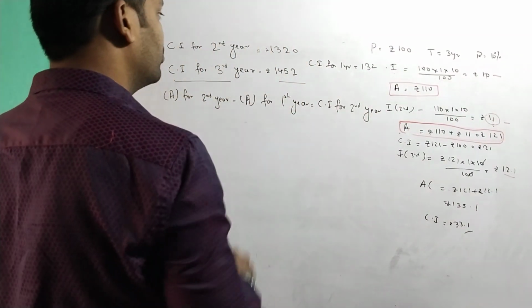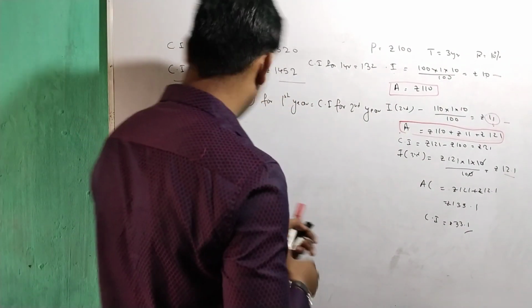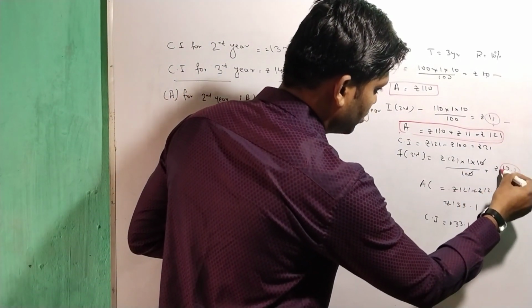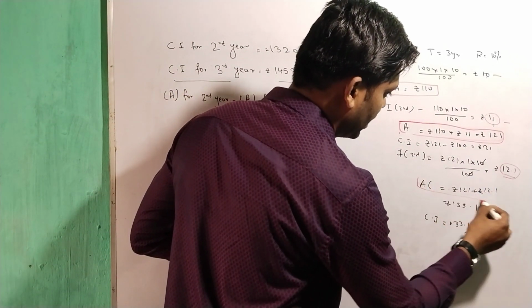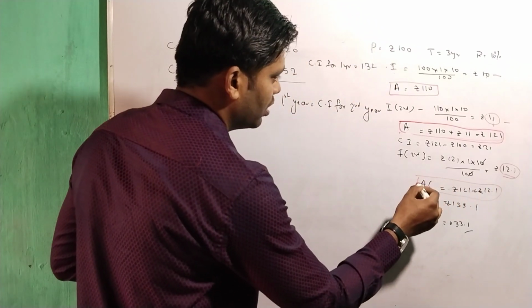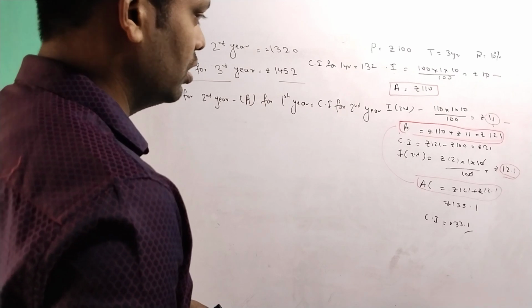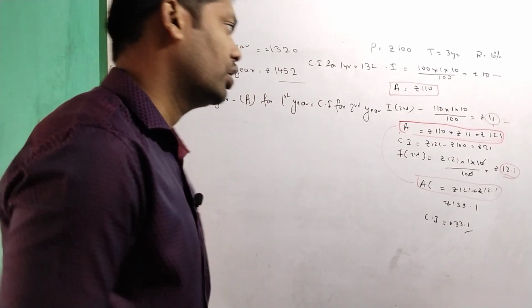We can use this also: for the third year, amount for third year minus amount for second year. You can do it like that also.